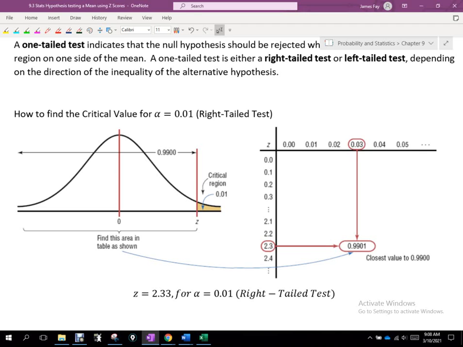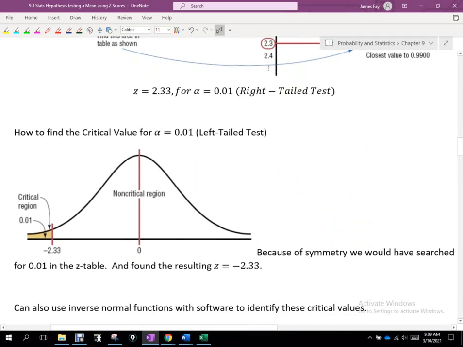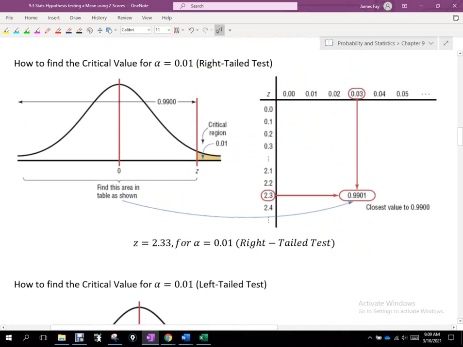The next thing we'll do is take our sample data and conduct a z-score on the sample data: x-bar minus mu over sigma divided by the square root of n. That's how we standardize sample data. If the value that I get from my sample is a z-score over here, which is in my critical region, then we will reject our null hypothesis.